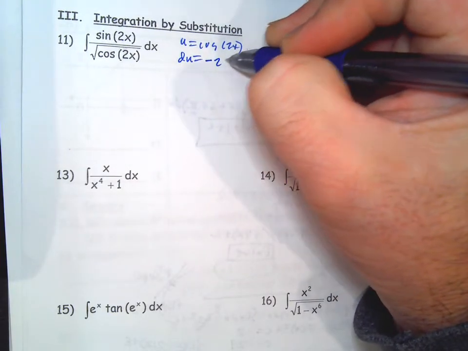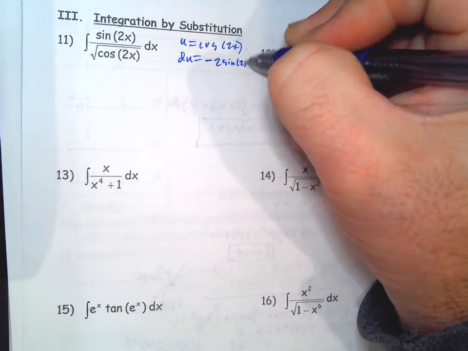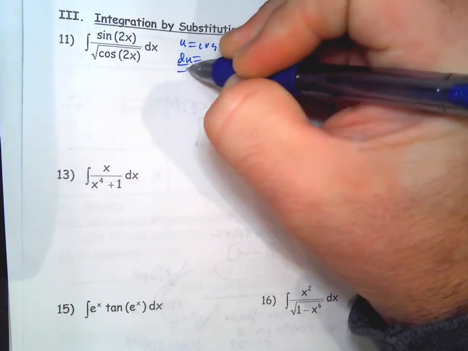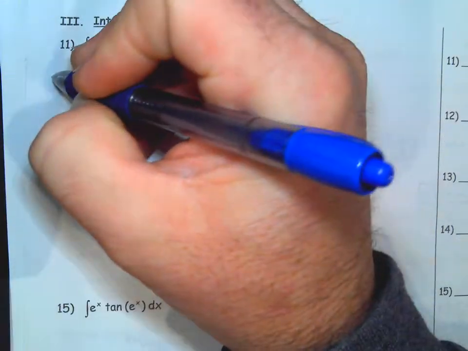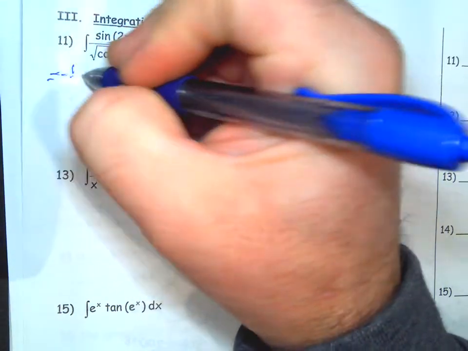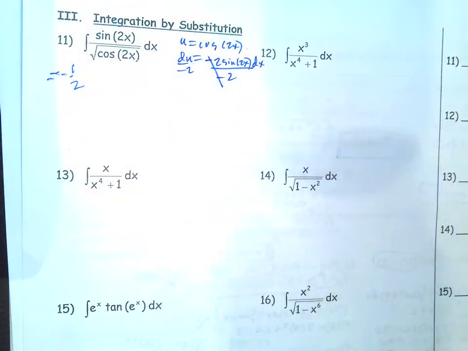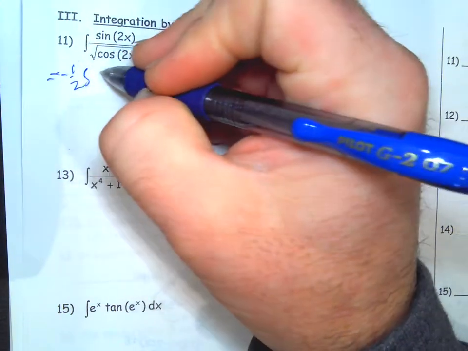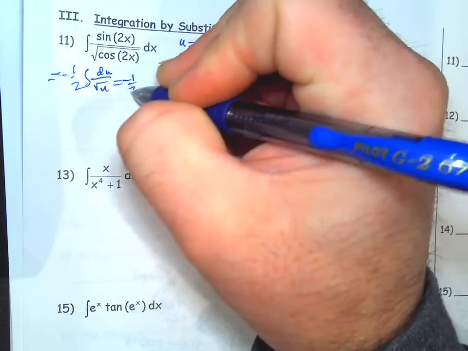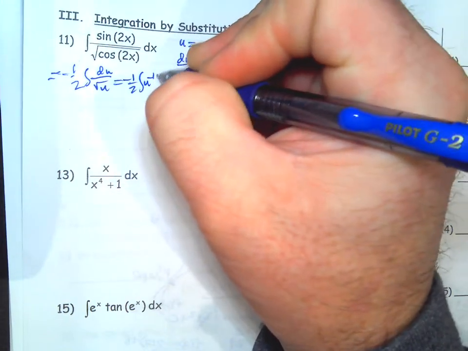Negative 2 sine 2x dx. Chain rule. Don't want the negative 2. So then that's going to be negative 1/2 of the integral of du over the square root of u. It's going to be negative 1/2 u to the negative 1/2 du.